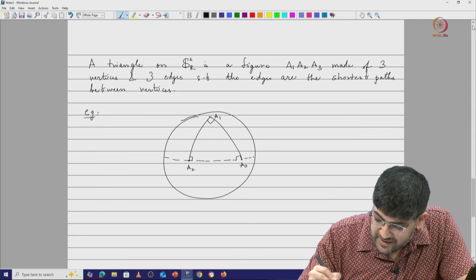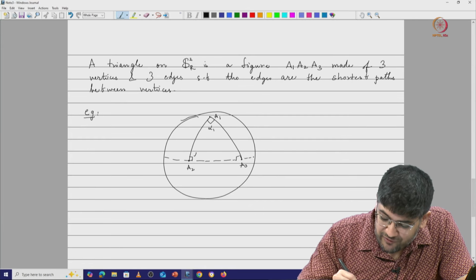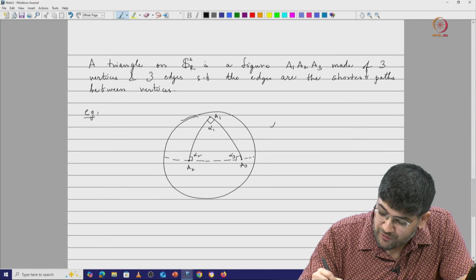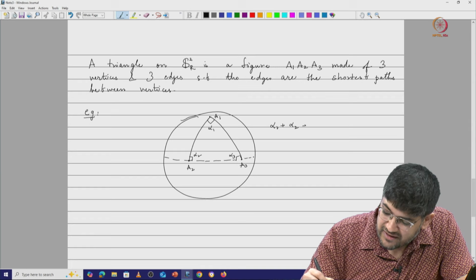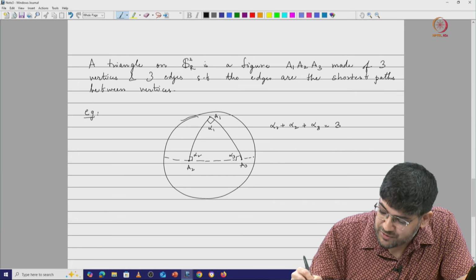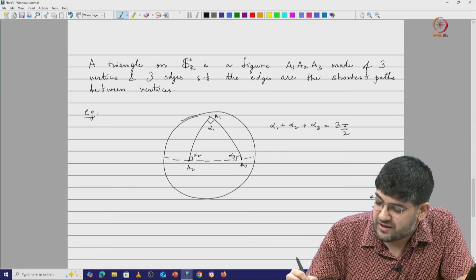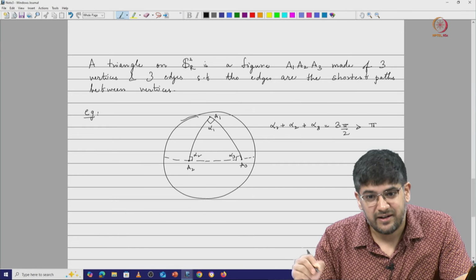In this case, let's measure the sum of angles. So clearly the sum of angles of this triangle is 3 times pi by 2, which is obviously bigger than pi, right.